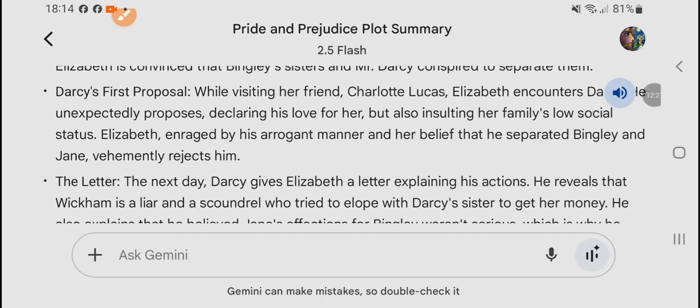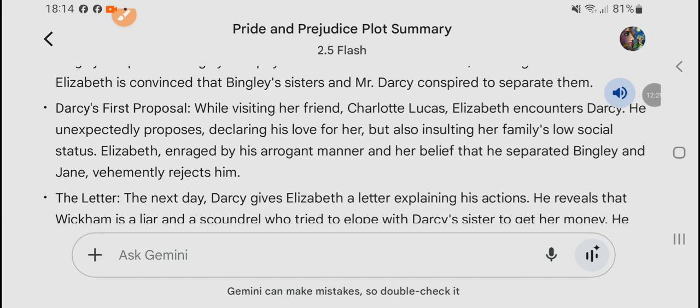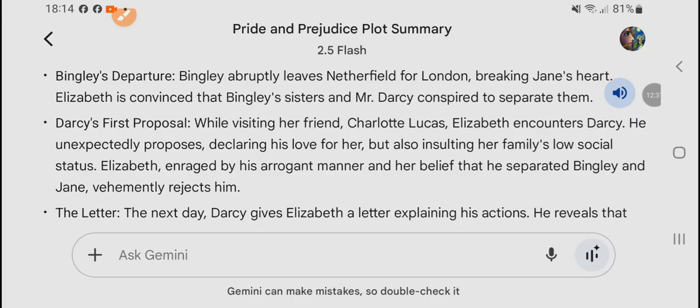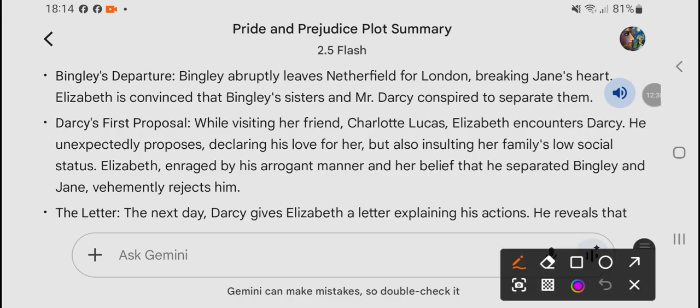He proposed to Elizabeth, declaring his love for her, and he openly expresses his love, but also insults her family's low social status, and at the same time he insults Elizabeth's low social status.